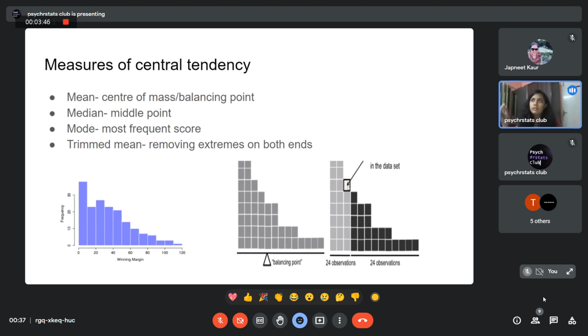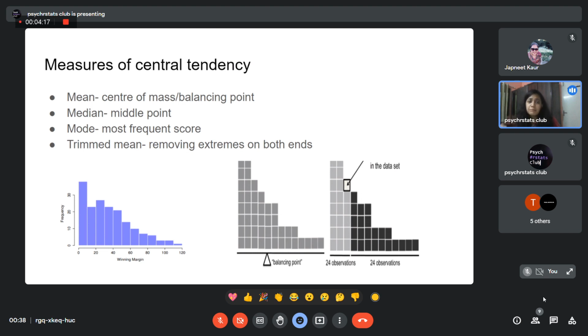Half of the scores are above the median and half of the scores are below the median. Whereas the mean takes all of the points into consideration and takes the average of all of them. In the usual formula for the mean, you add all the data points and then divide by the number of observations.